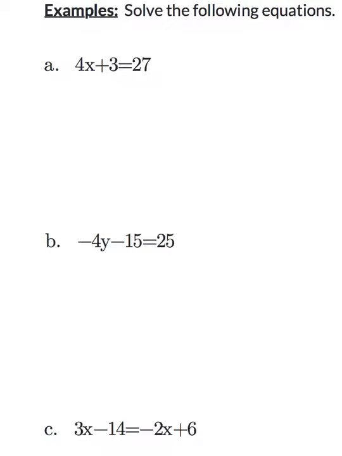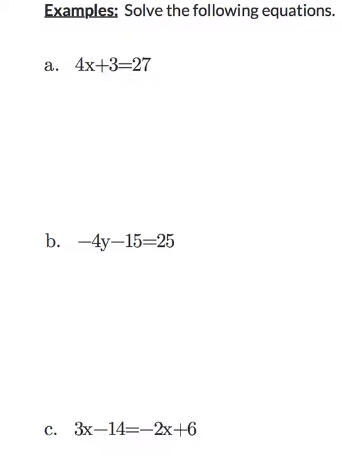So the first thing that I want to do is get my x terms all on one side. We're good there. And I want to get all of my constants on the other. Since all of my variables are on the left, I want to move my constants to the right. So the first thing that I want to get rid of is the plus 3.